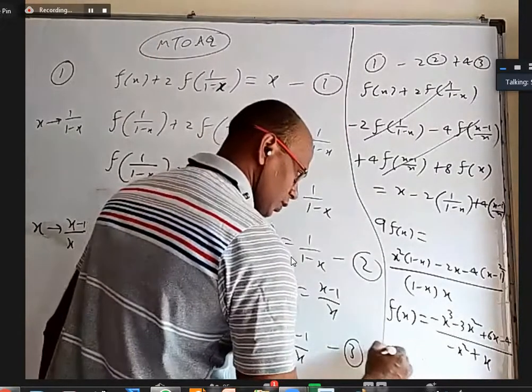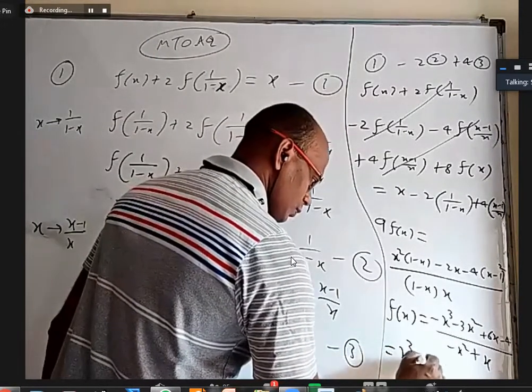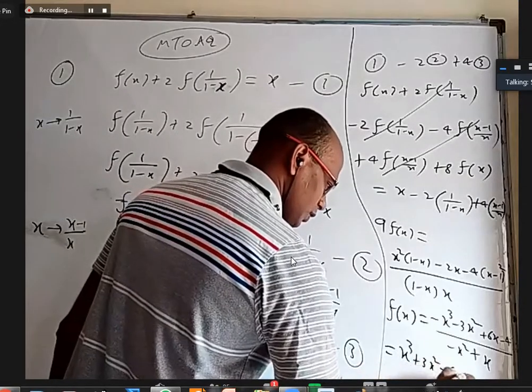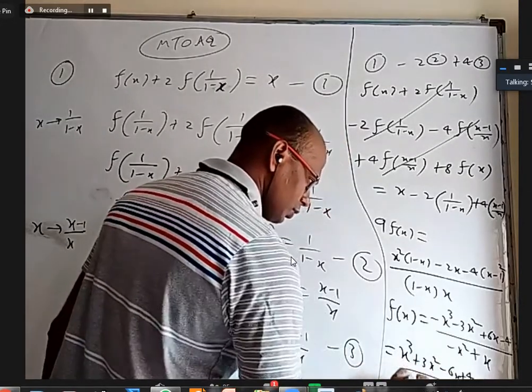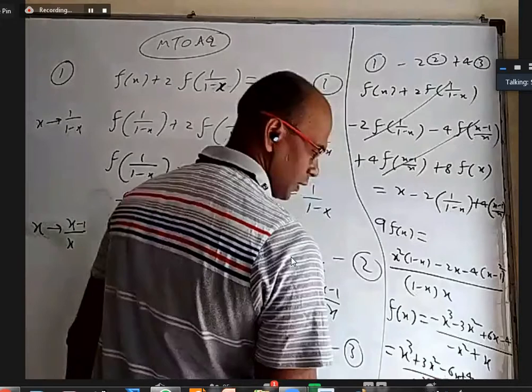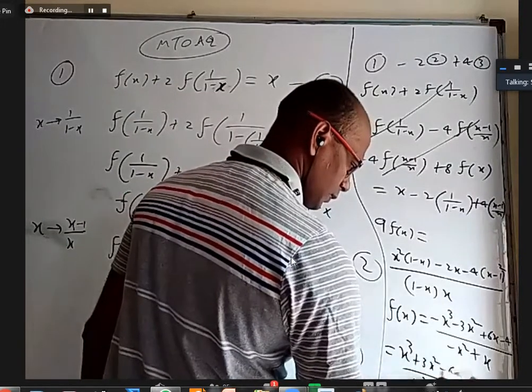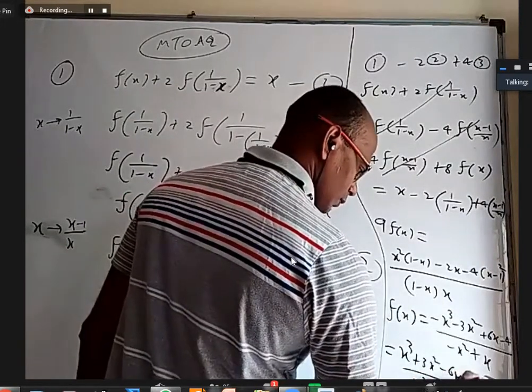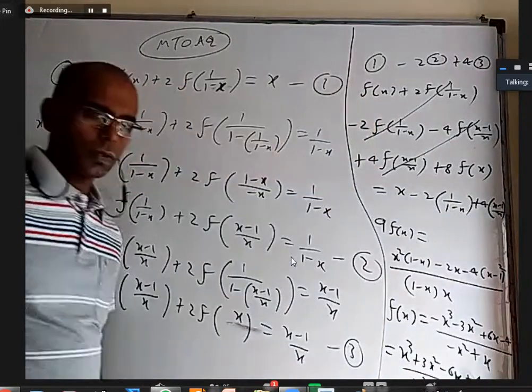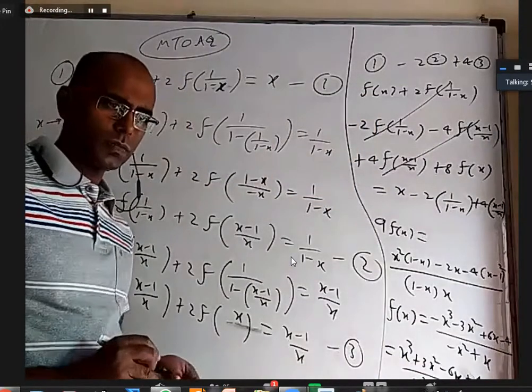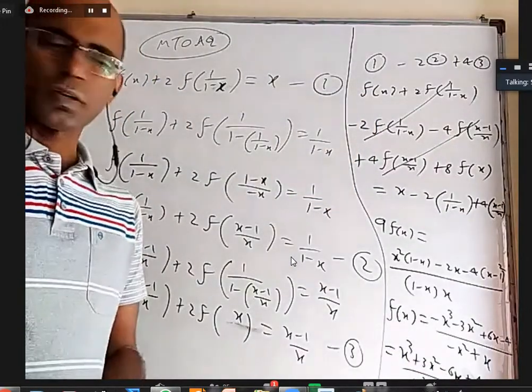If you take minus common, you will get x cube plus 3x square minus 6x plus 4 by x square minus x. Okay, sorry, you're not able to see the down, but after all, take the minus common.